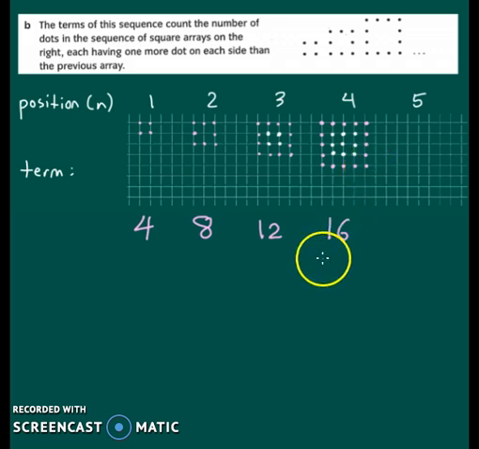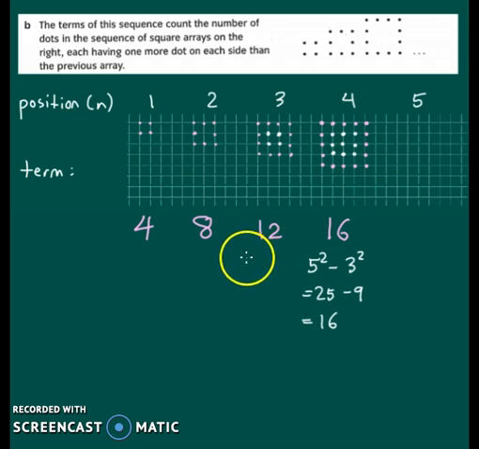It's like 5 squared minus 3 squared, which is 25 minus 9, which is 16. Aha, and that was our term. What about the third term?